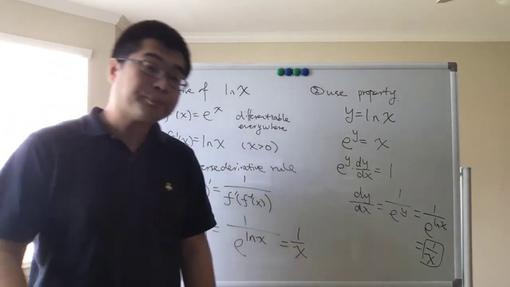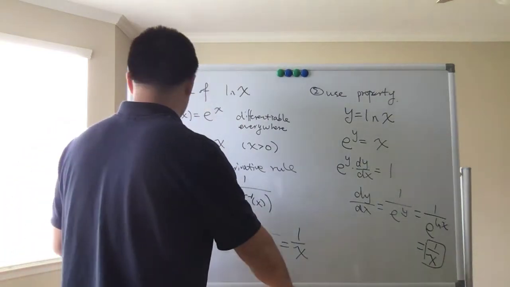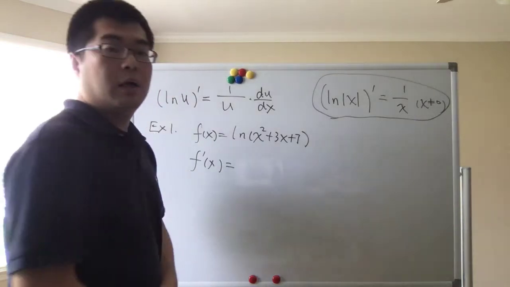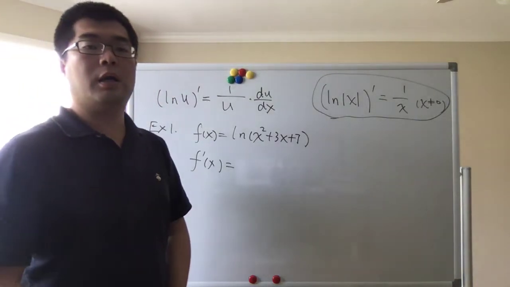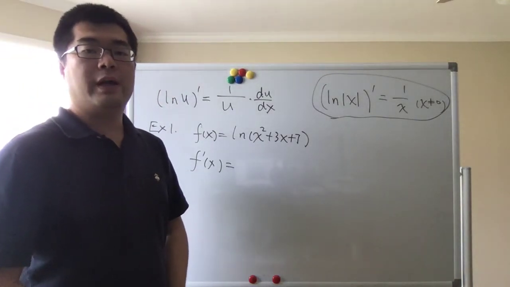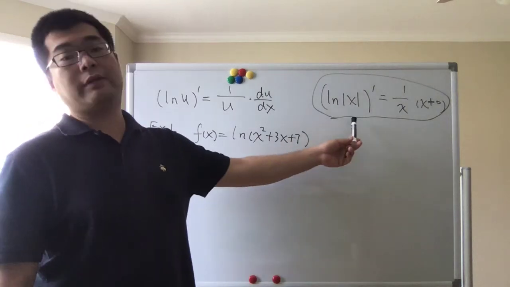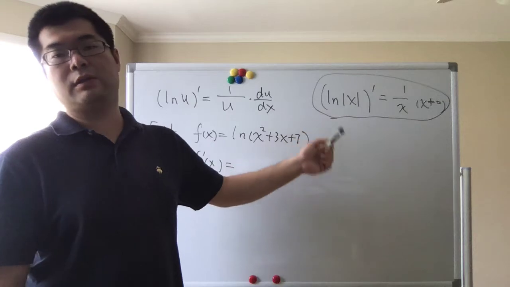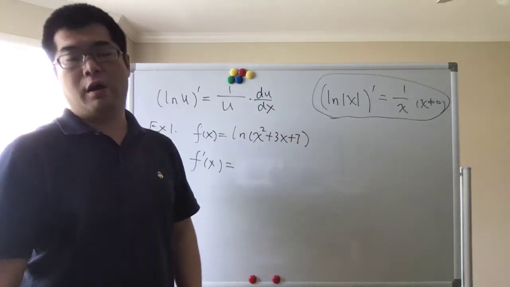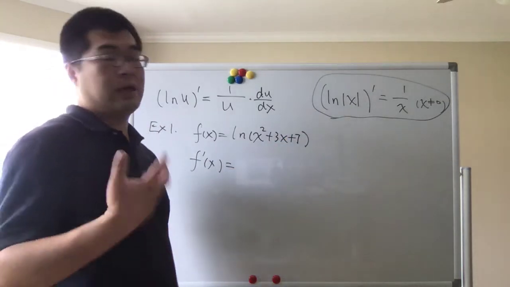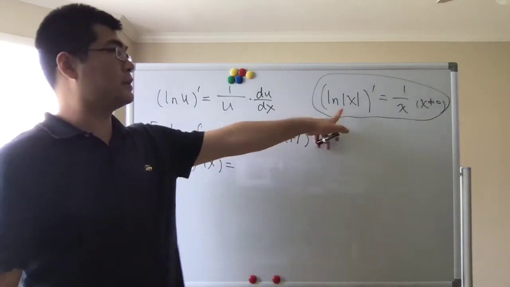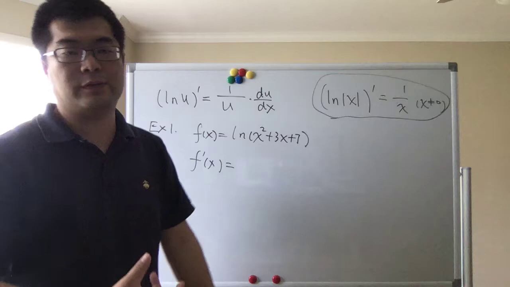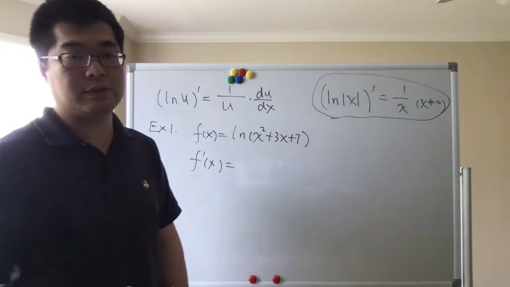Okay? So let's move on to do one example. And also, guys, here's the thing. If you take the derivative of the natural logarithm of the absolute value of x, okay, as long as x is not 0, as you can see, this absolute value sign means x can be positive or negative as long as it is non-zero.